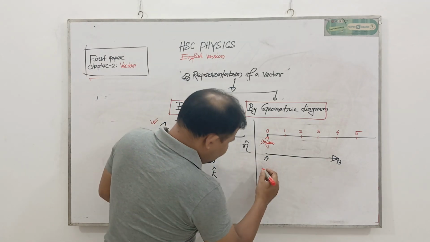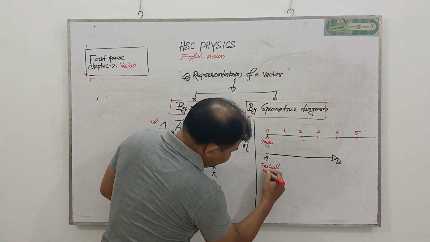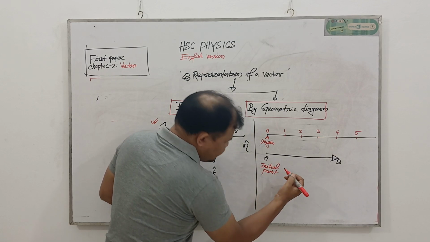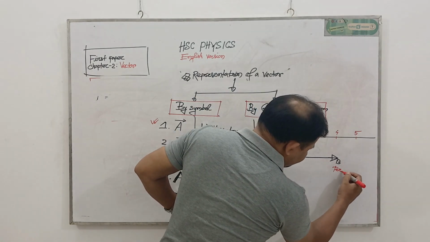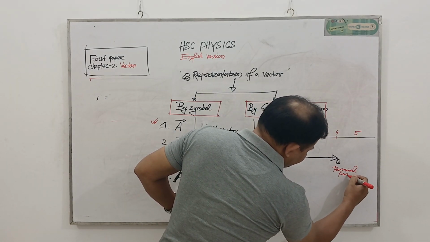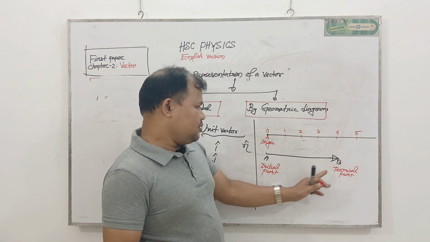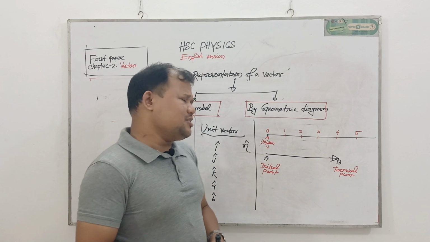Suppose A is the initial point and B will be the terminal point. Another name of A is tail and another name of B is head. You just remember.